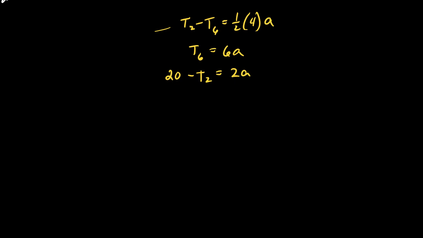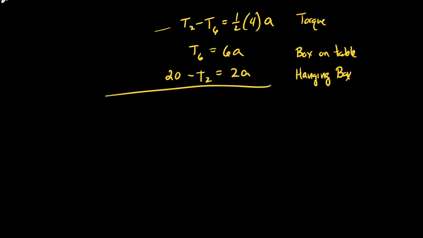Yeah. Okay. So this is the torque equation. This is the box on the table. This is the hanging box. Just like last semester, you get one equation for each object in your problem. It's the same thing. And if you do it right, you should be able to eliminate all the tensions. Do you notice that T2 and T2 cancel out? If you add those together, those two are going to cancel out.